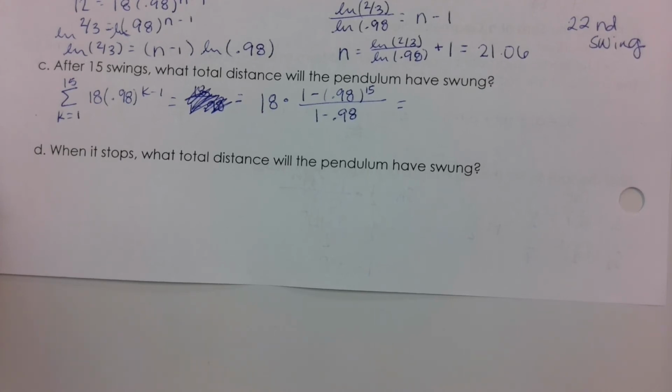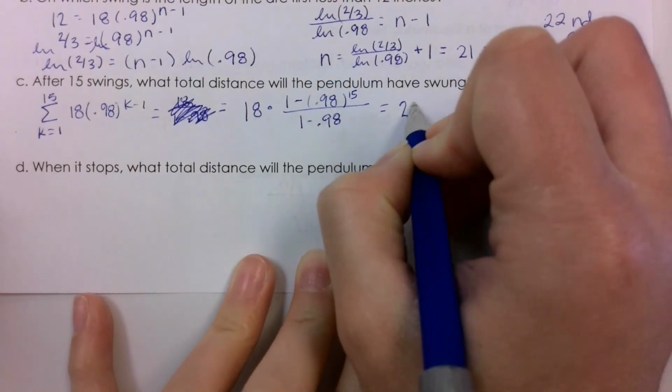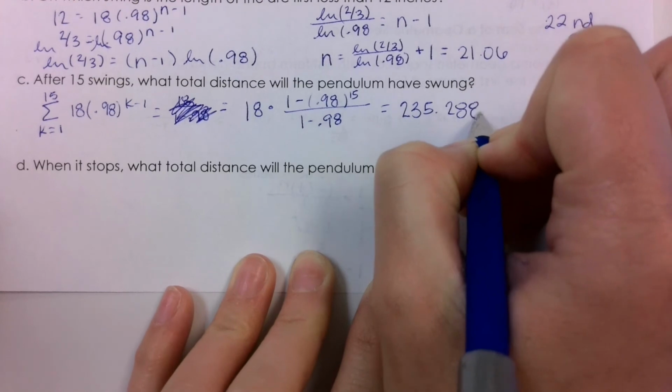So when we type it all in, what do we end up getting? Do we get like 235 point something? Yeah, that's what we should have gotten. 235.288 is what I have.